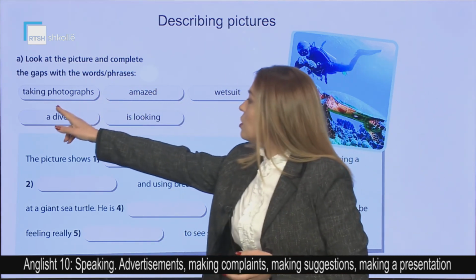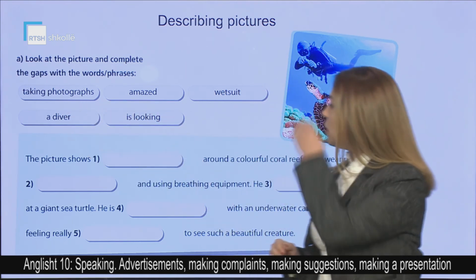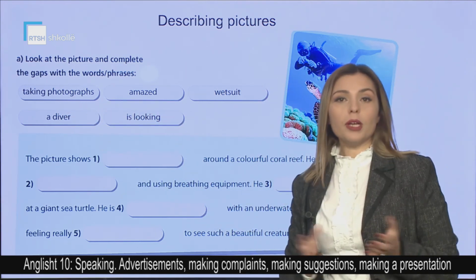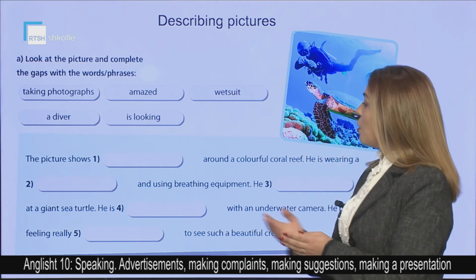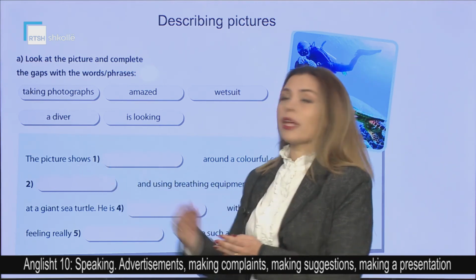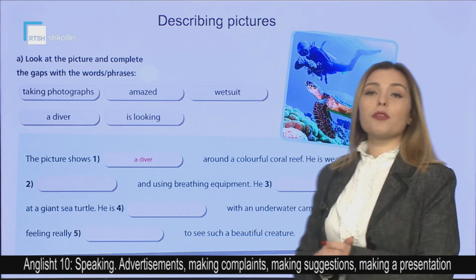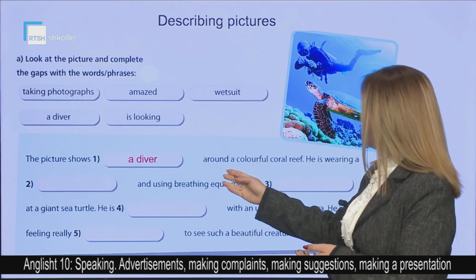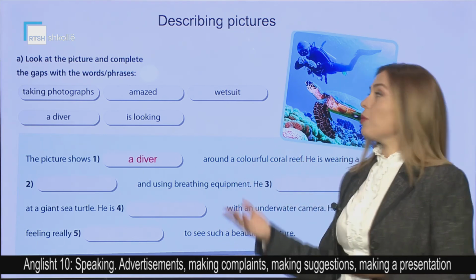We are given the words taking photographs, amazed, wetsuit, a diver, and is looking. So let's start by describing the picture. The picture shows what we said. Shows this man. So shows a diver around a colorful coral reef. What is he wearing?